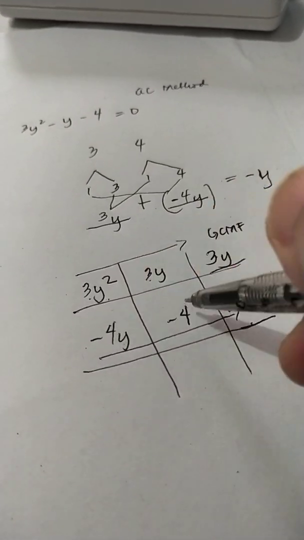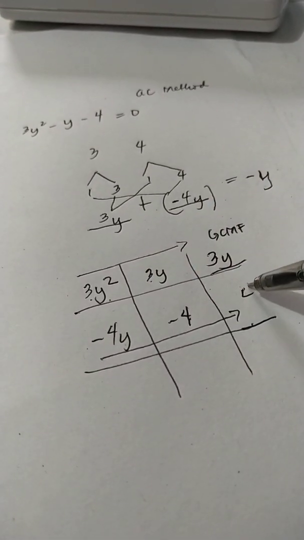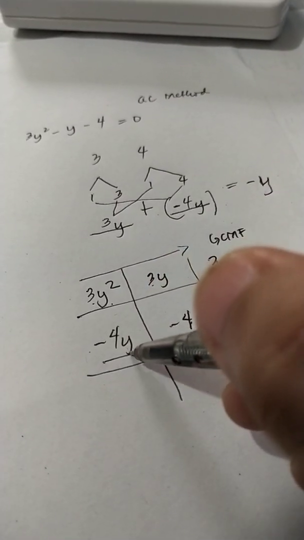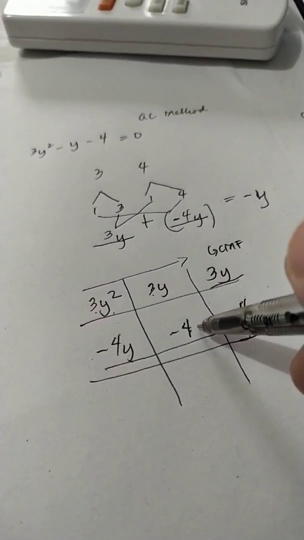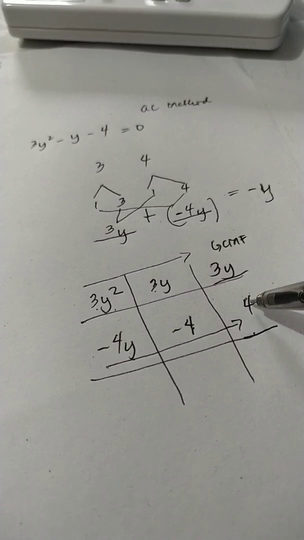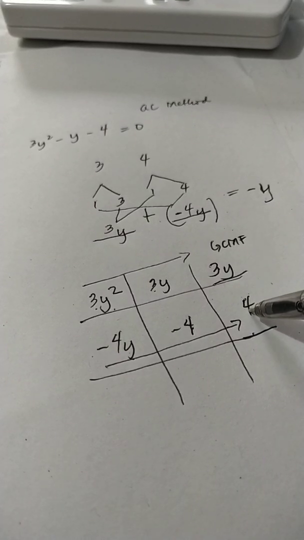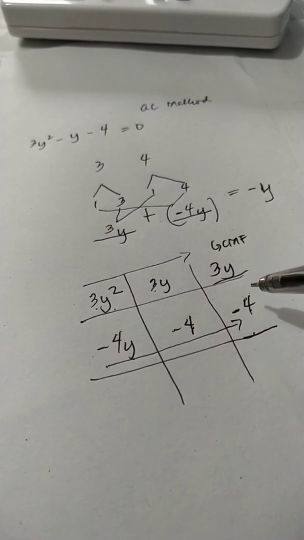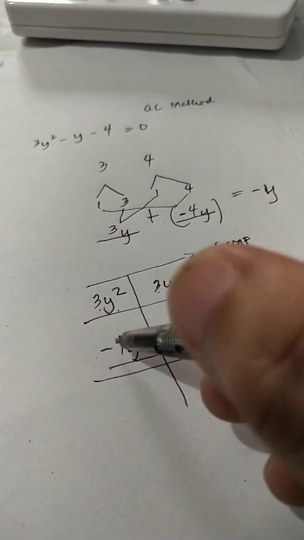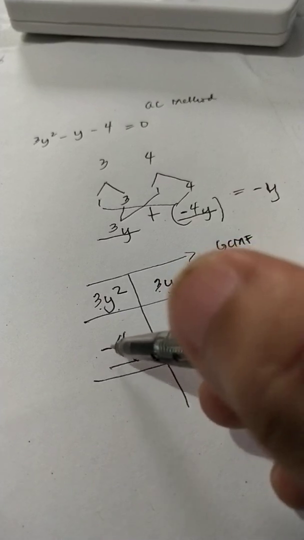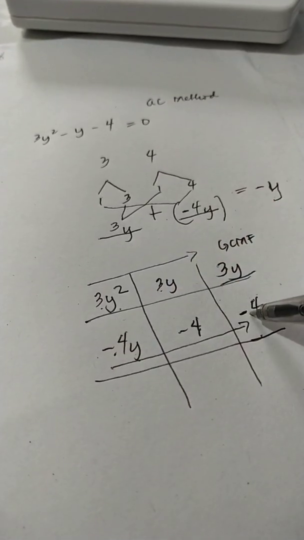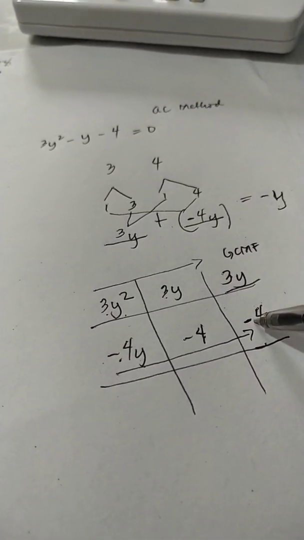We have 4 and 4. Do we need to indicate y? No, because we have y here but no y in the second part. Now, what will be the sign of 4? 4 here should be negative. Where did we get the idea that it should be negative? From this one. Whatever the sign here, it should be the sign. If this is negative, this one should be negative.